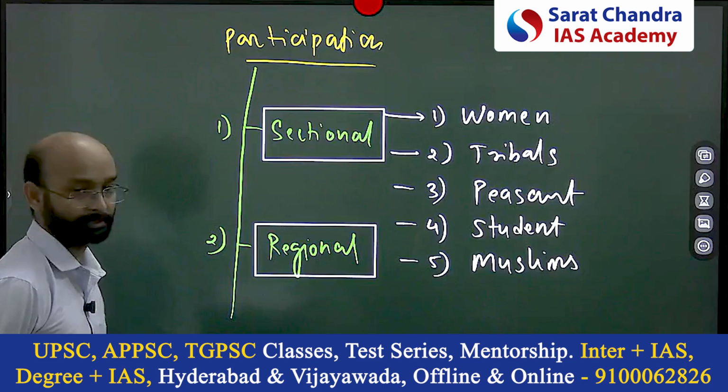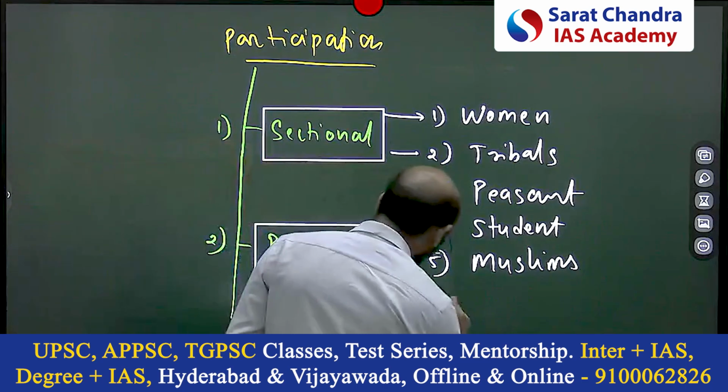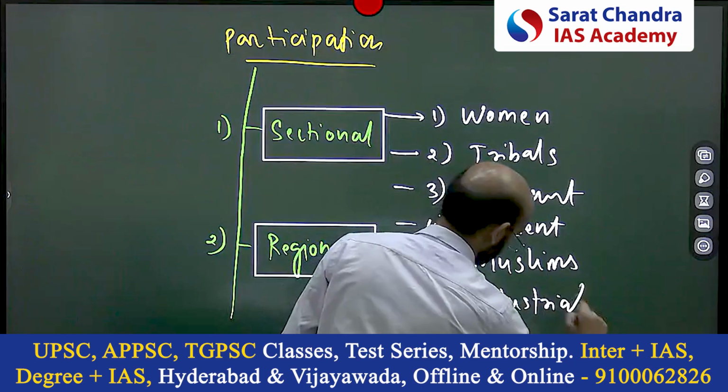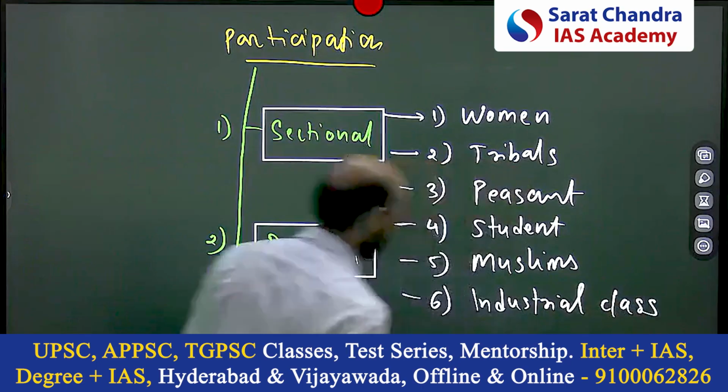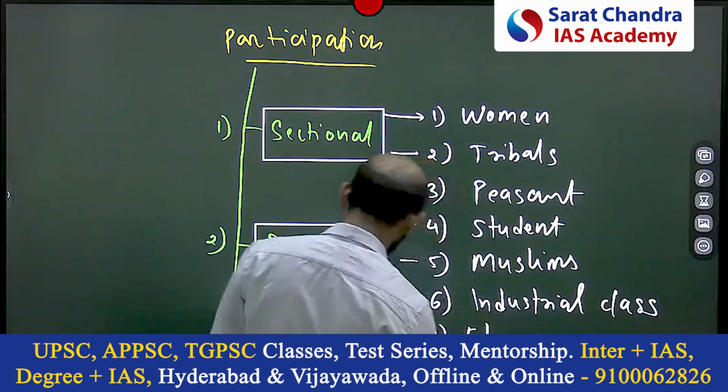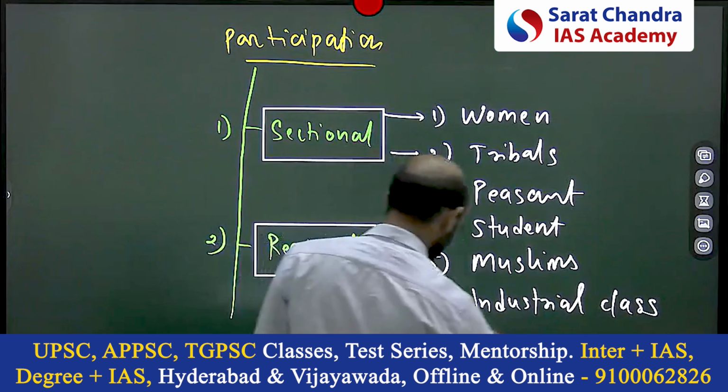These are the four sections of participation. One also says the industrial class. Educated Indians, or you can write it like middle class.